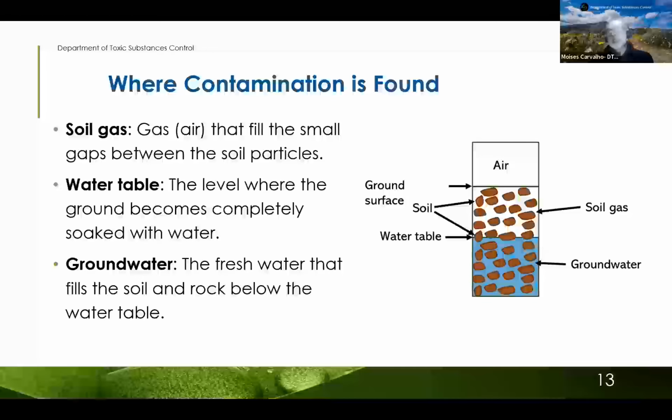Water table, the level where the ground becomes completely soaked with water. Groundwater, the fresh water that fills the soil and the rock below the water table. When we investigate a site, we are testing the soil, the groundwater, and the soil gas to find out exactly where the chemicals are. Next.